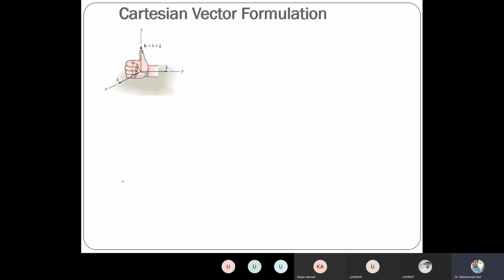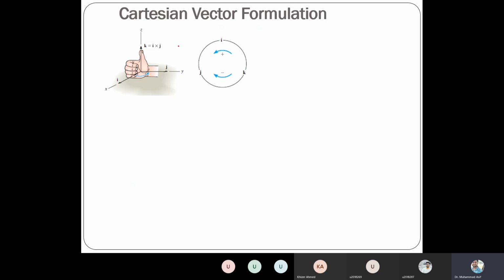And when you say cross product, the Cartesian vectors are also vectors, so there is a possibility of the cross product of Cartesian vectors as well. Like I cross J will give you a certain value.